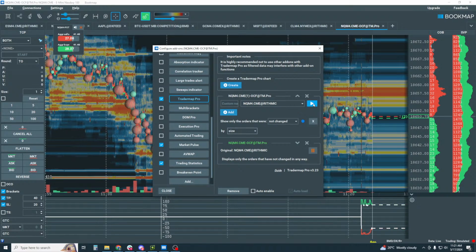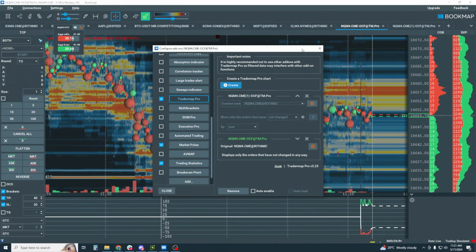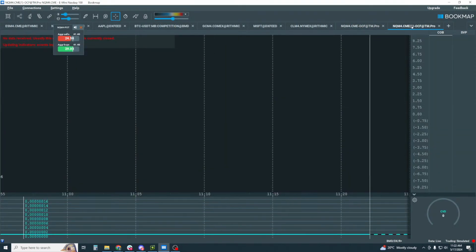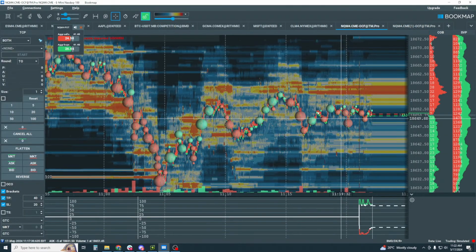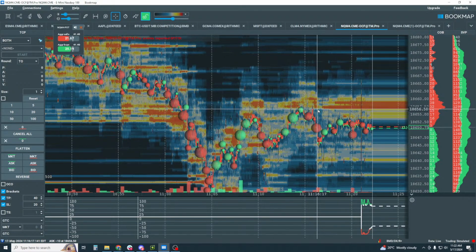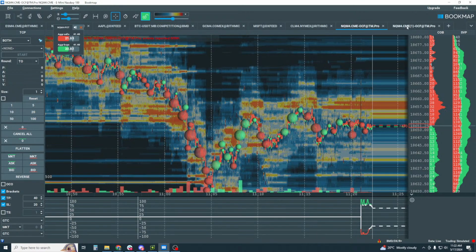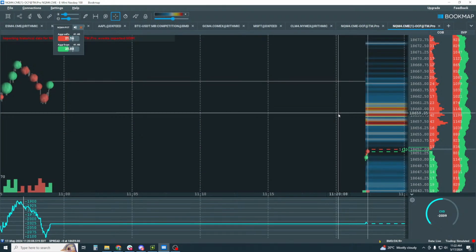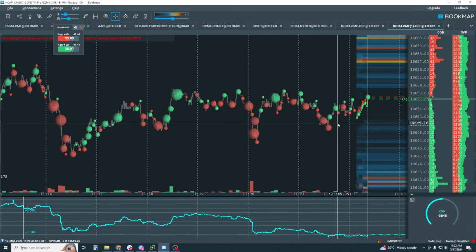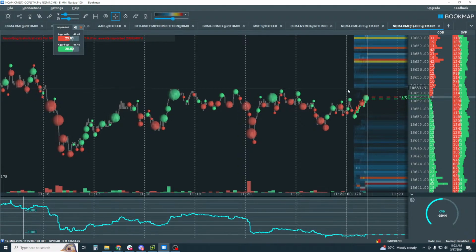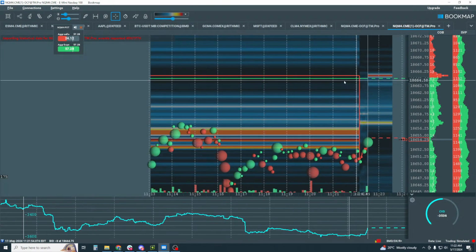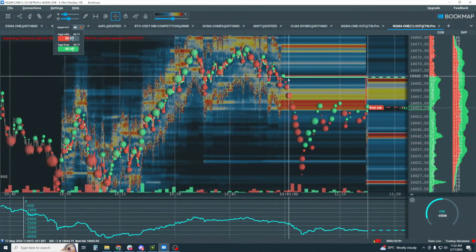Okay, and then we're going to press play, and what that does is open up a new symbol here, as you can see. And we're going to look at this one and compare it to our other here. Okay, one of the issues, or it's not an issue, it's just a condition here, that with the Trader Map Pro we're filtering it here, and yeah, we just lost some data in here, right?